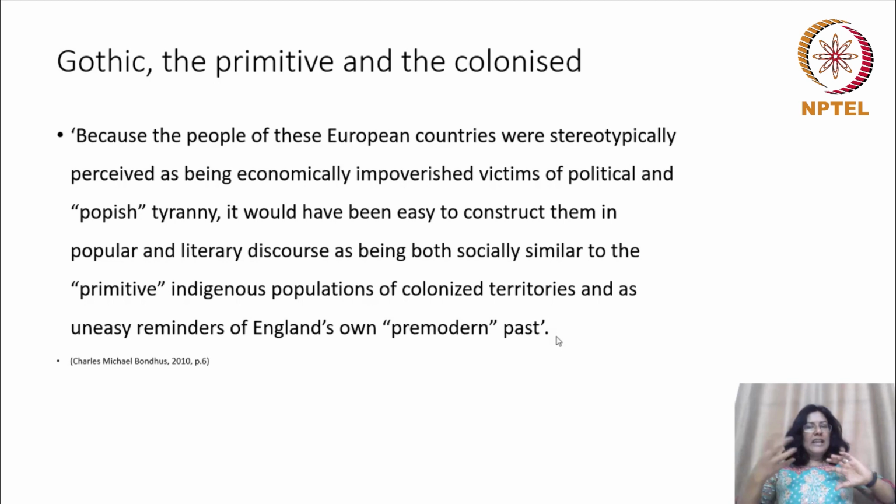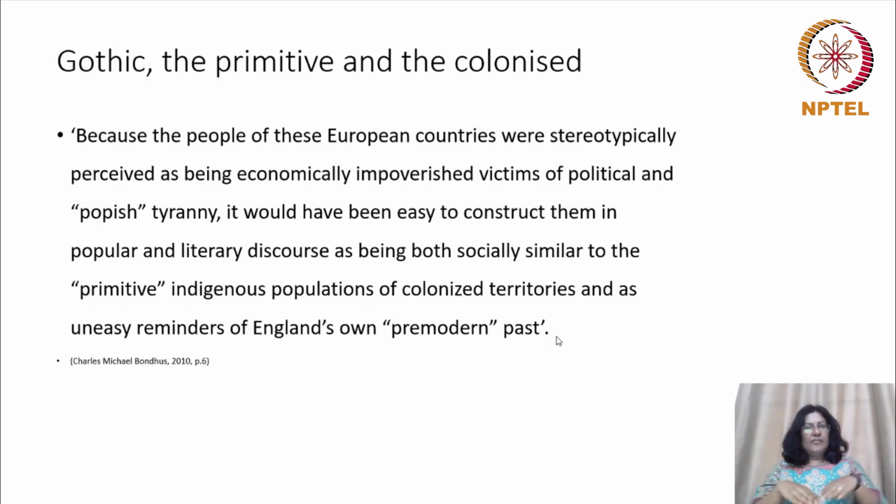So that religion seems to be particularly threatening and evil. So we have that category, the victims of popish tyranny, as one kind of victimized people. And then we have another category where we have primitive and indigenous populations of colonized territories as kind of representing the pre-modern past of Britain itself.